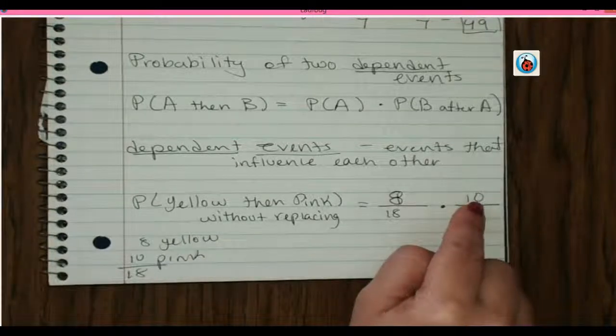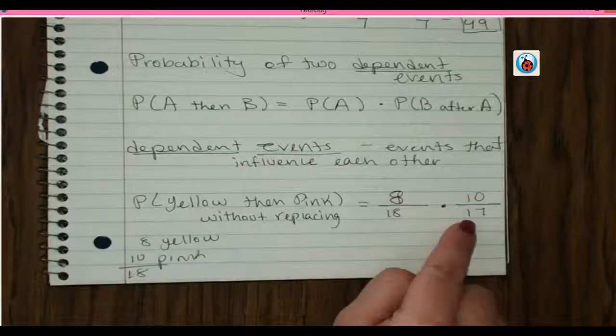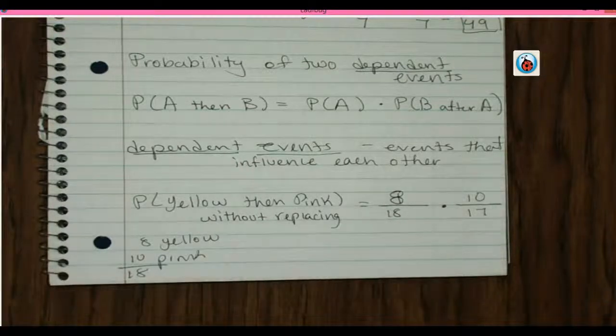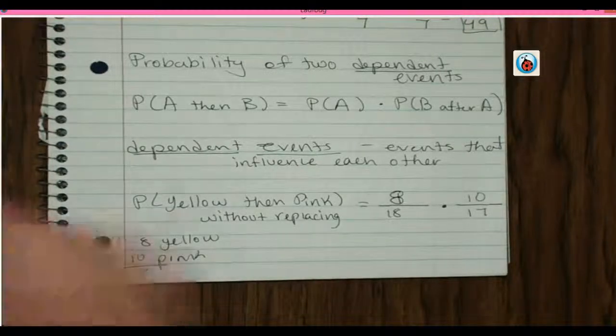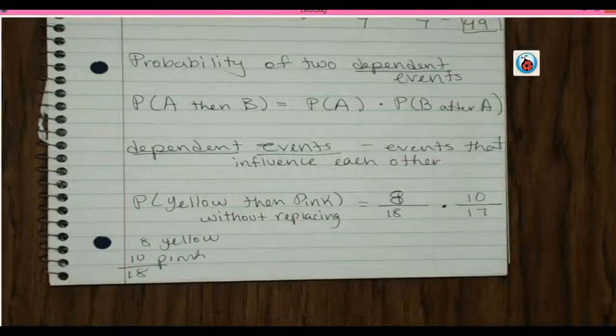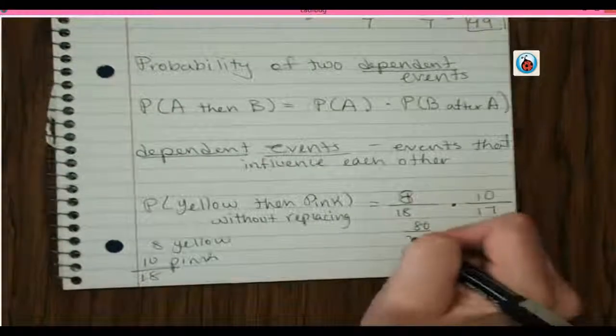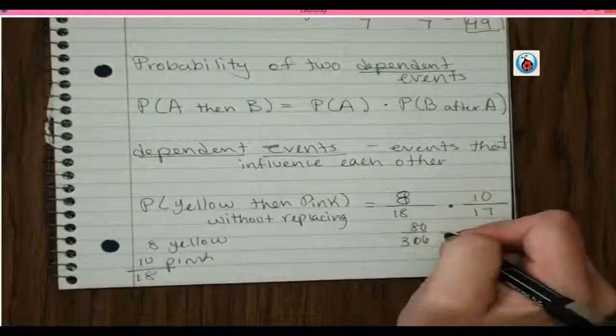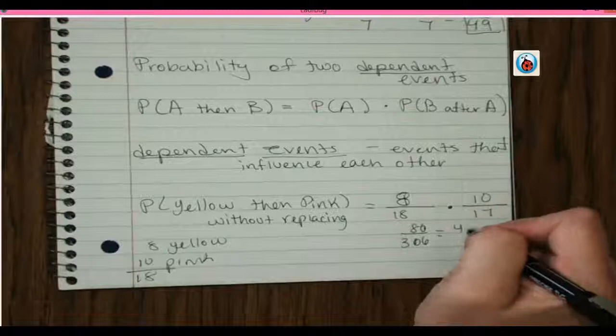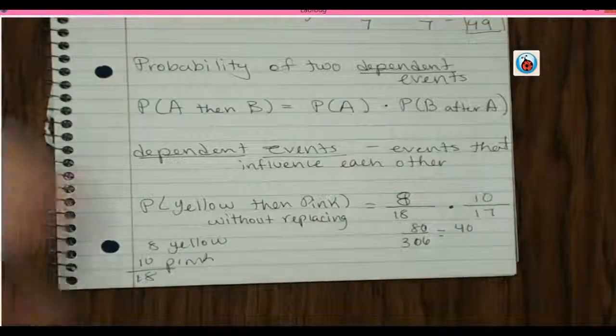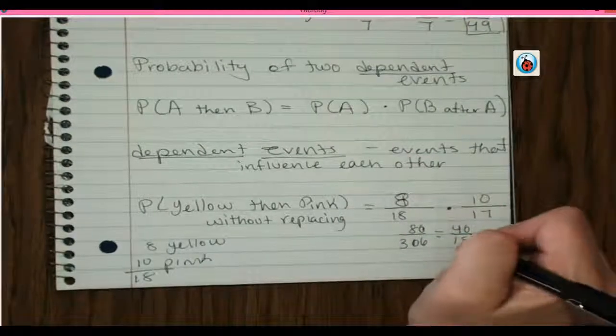There's 10 possible pink, but now there's only 17 beads in the bag. Yes or no? Yes. So what do we get? 80 over 306. Can we simplify this? 40 over 153.